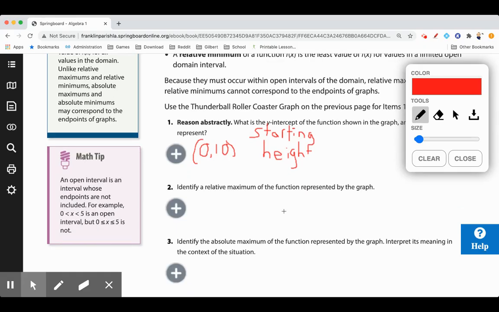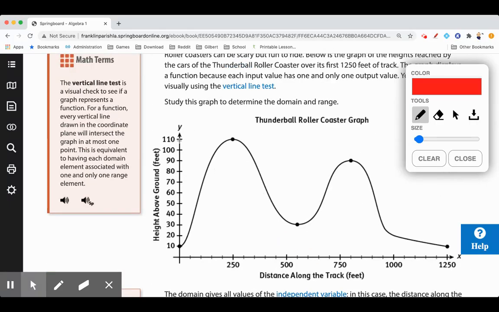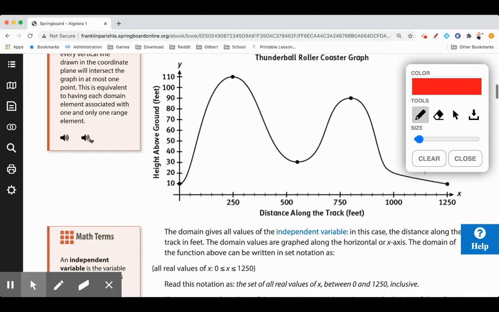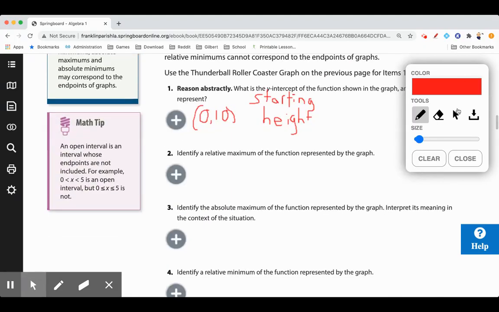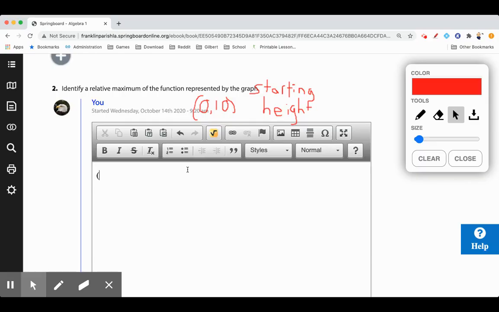A relative maximum of the function represented by the graph. We've said that before. At 250, it's 110.